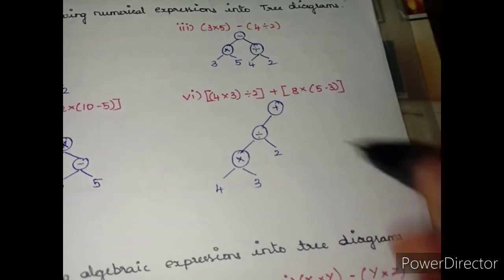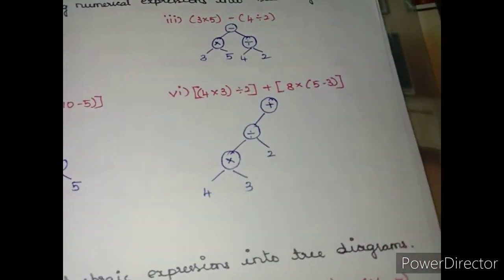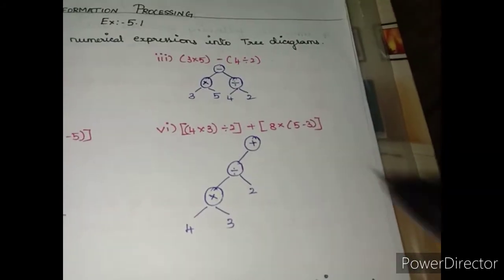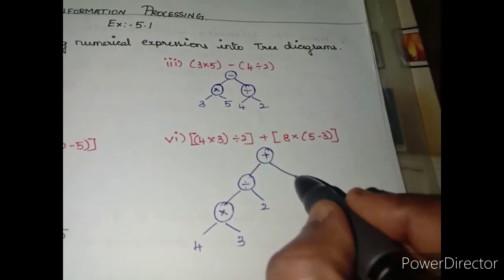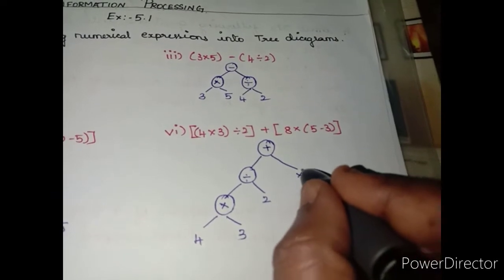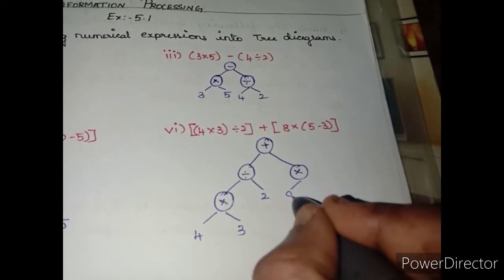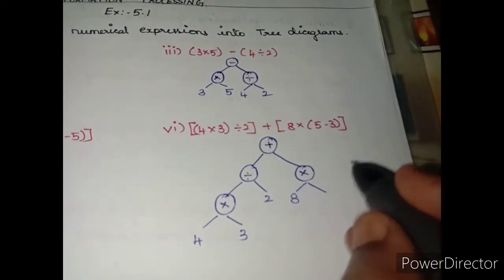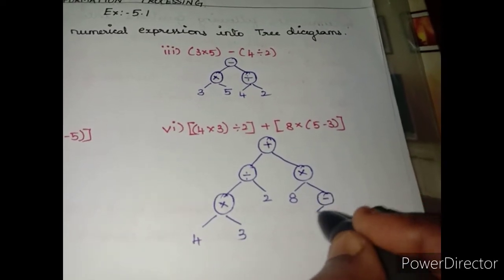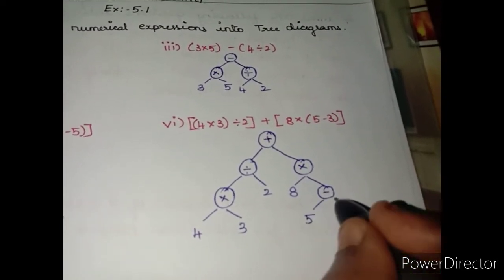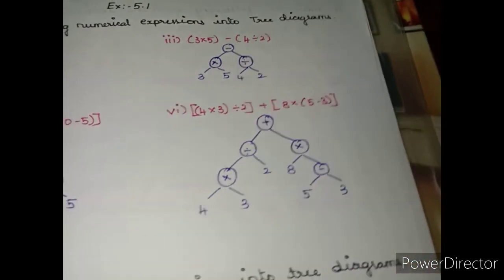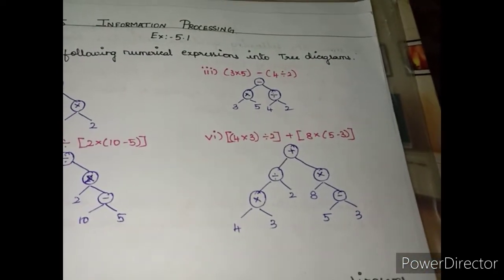So the left hand side is over, we'll go with the right hand side now. 8 into 5 minus 3. What is the major sign? Multiplication, 8, then 5 minus 3, minus, 5 and 3. Is that clear?